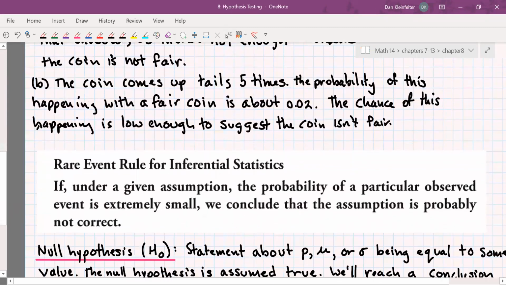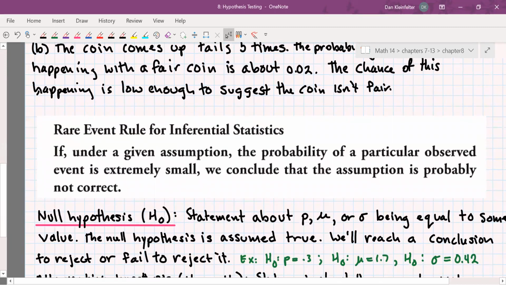And that's the rare event rule for inferential statistics. It reads, if under a given assumption, the probability of a particular observed event is extremely small, we conclude that the assumption is probably not correct.